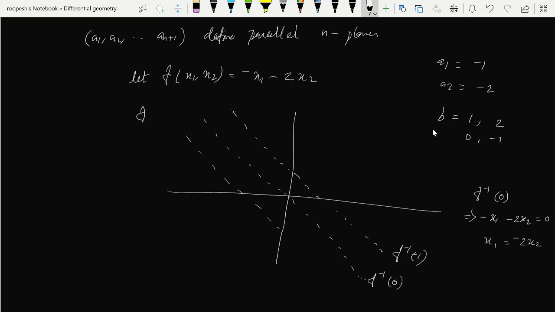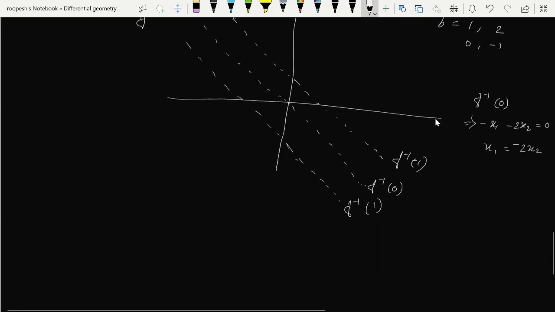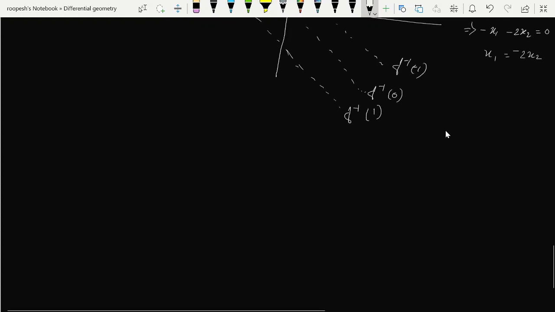This you can check, just draw this in a graph. Then this should be f inverse of 1. So anyway, you are getting some parallel lines. In the same way, when you have higher dimensions, these will become planes, right?